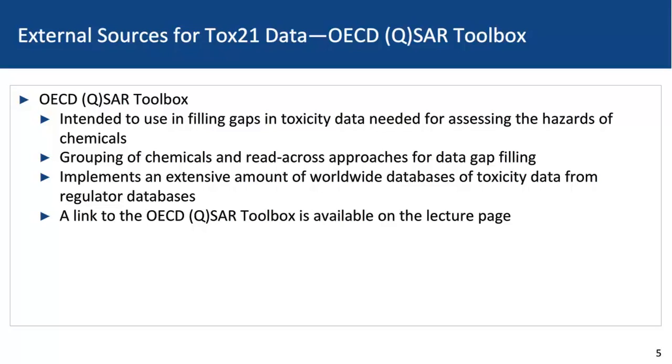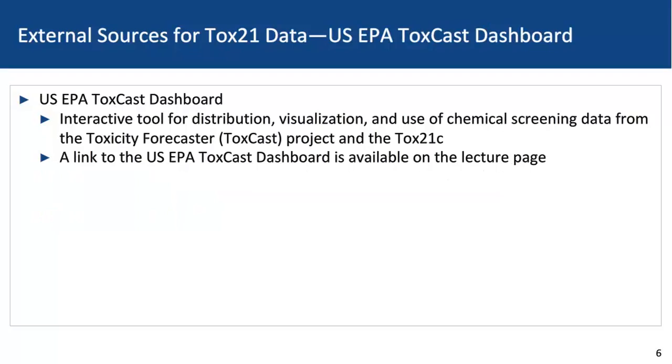But it is a very powerful tool because OECD started many years ago to implement an extensive amount of worldwide toxicity databases from the different national or international regulators. And it is freely available. You can download it, and it's a very valuable source of data that you can use for Tox21 approaches.